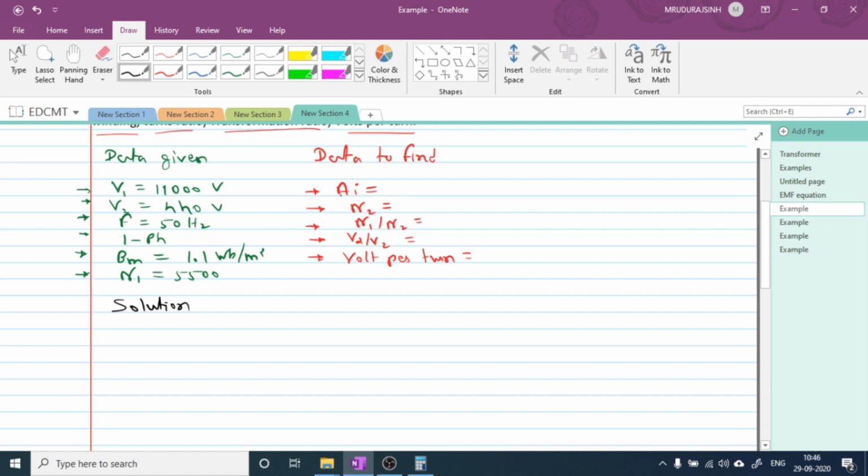First of all, we want to find the cross sectional area of the core. How can we get it?